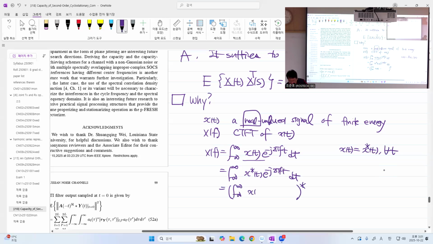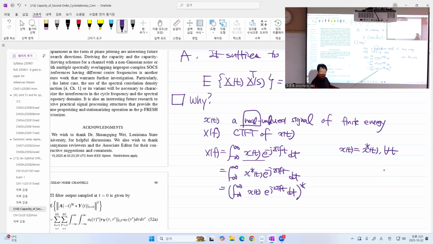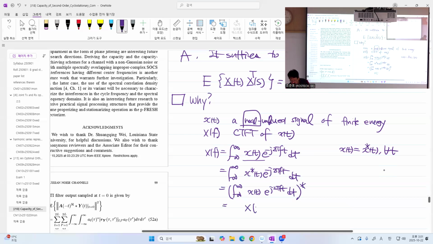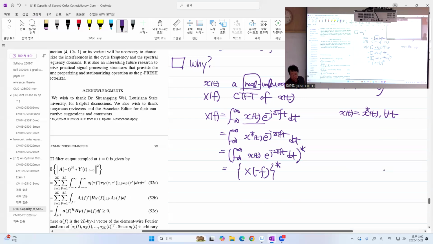Then here we have again something interesting. What is this one? You multiply x of t and the conjugate of e to the negative j 2 pi ft. So you have this property, and this is simply written as X conjugate of negative f. And this holds for all f.